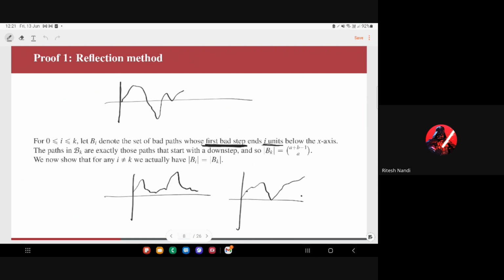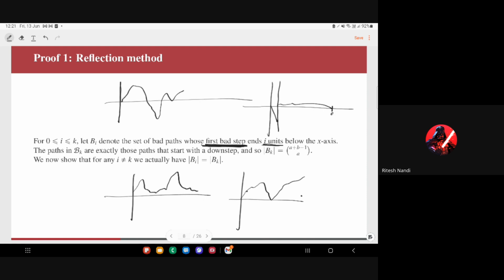So the cardinality of B_k, the number of ways this can be done, is (A plus B minus 1) choose A. Because we are disregarding the first bad step, like if this is the starting vote for B, then we have A plus B minus 1 voters left.